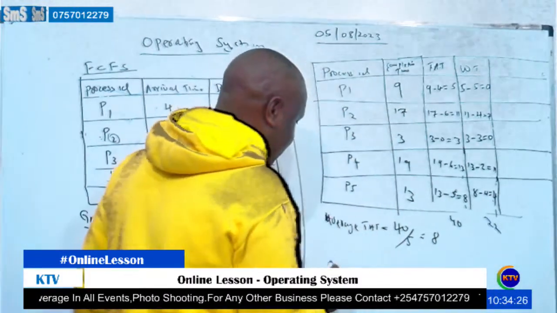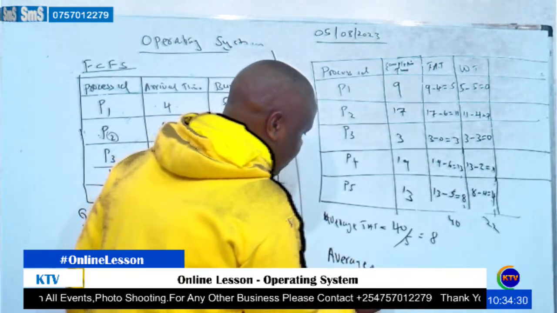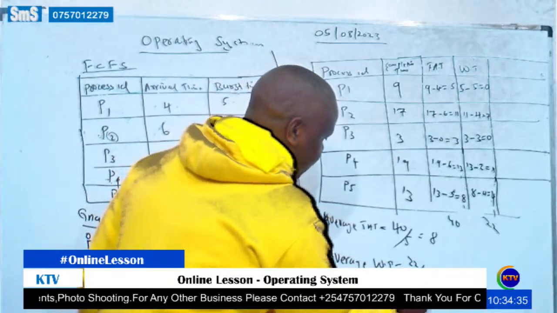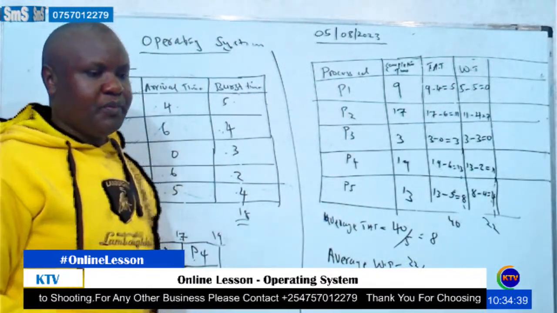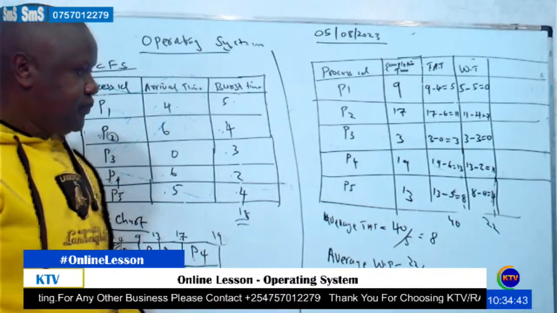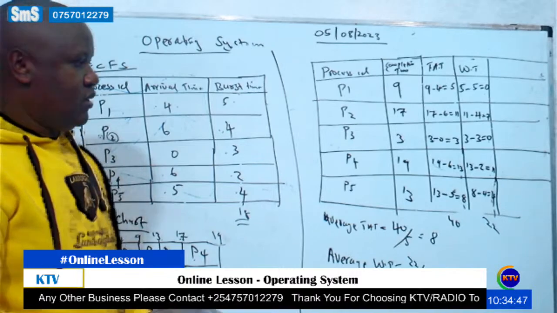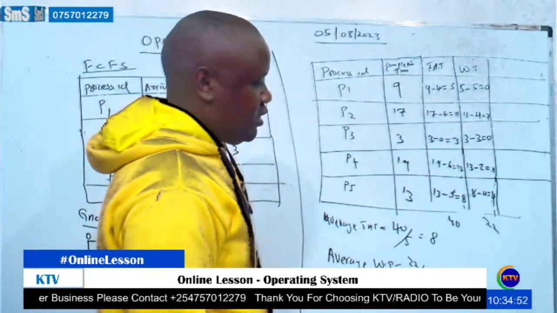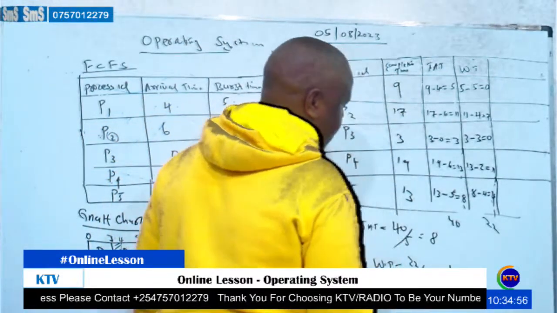So the average waiting time equals 22 divided by 5, which is 4.4.